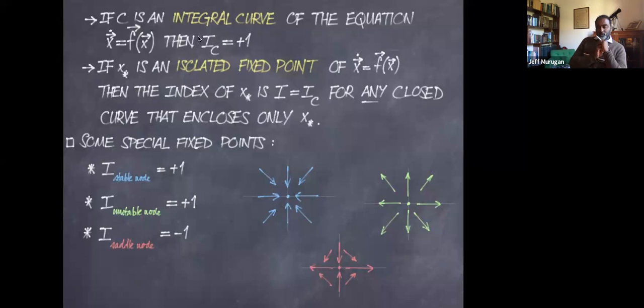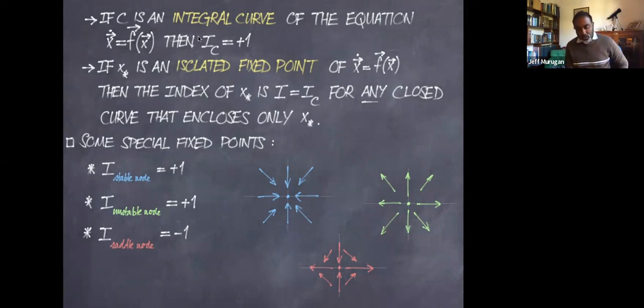And then you have vector fields that are what we call saddle nodes. And saddle nodes have stable directions, the vertical directions in this picture, and unstable directions, which are the horizontal directions in this picture. And you can see that if you follow the vector field, they will follow those two submanifolds, the stable submanifold and the unstable submanifold.